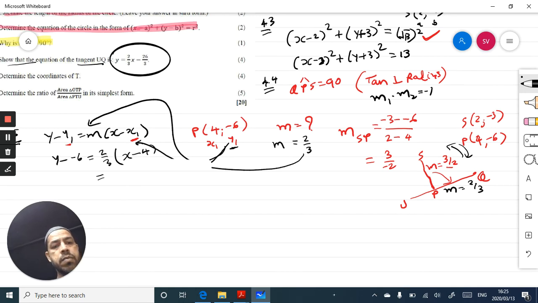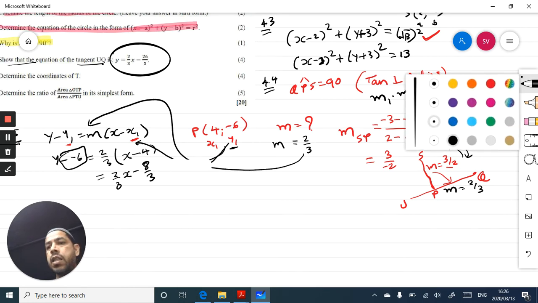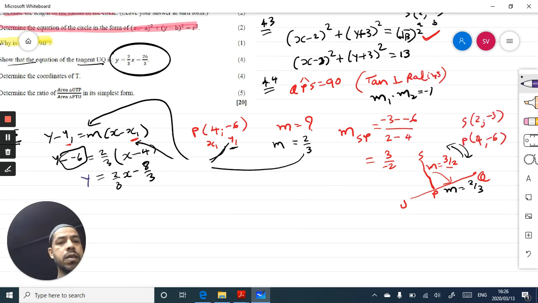So if I multiply this, 2/3 x minus 8 over 3. That negative 6 will become positive, which I don't want on one side. On the other side, I just need y equals. So that plus 6 will become minus 6 on this side. When I use a calculator for this part, it gives me the answer negative 26 over 3. That gives me the equation of the line.